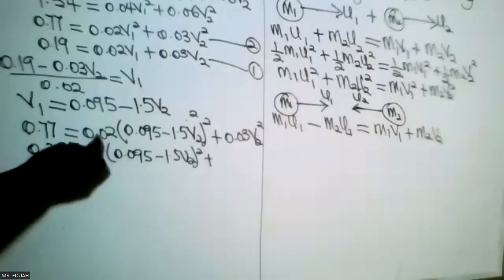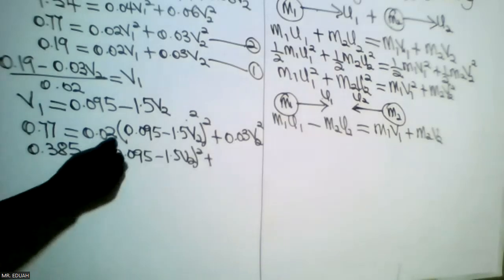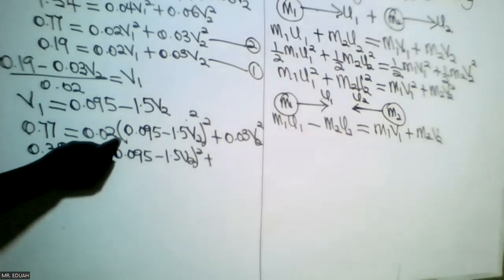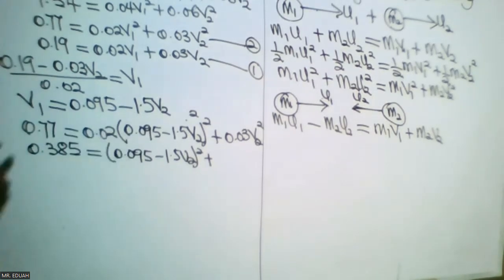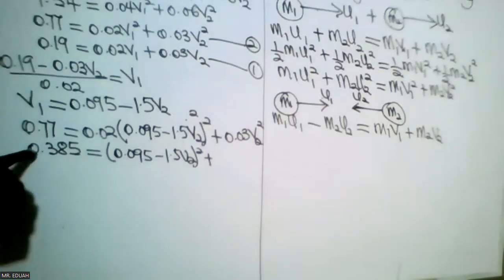I said we are dividing through by this to eliminate this. So you divide each side of the equation by 0.02. Plus 1.5, 0.03 divided by 0.02.